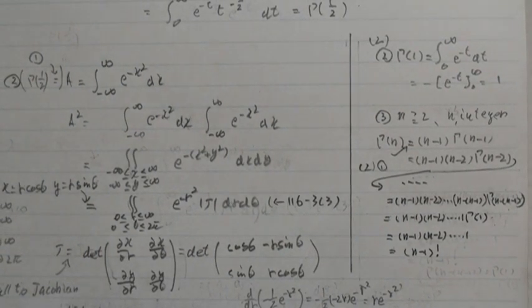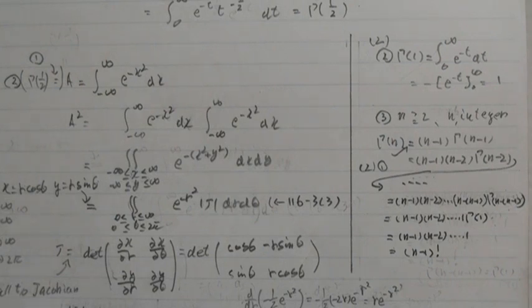Part (2), circle 2: gamma(1) equals 1 by definition.